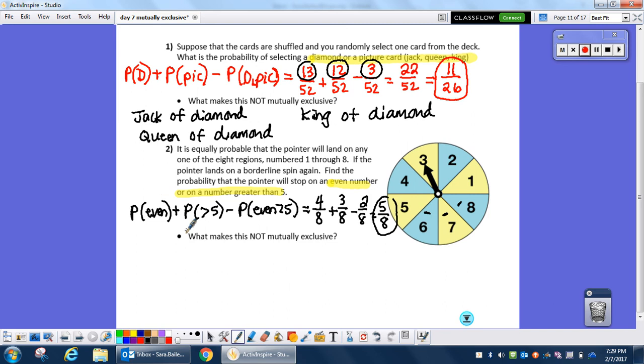So what makes this not mutually exclusive is 6 and 8 are even and greater than 5.